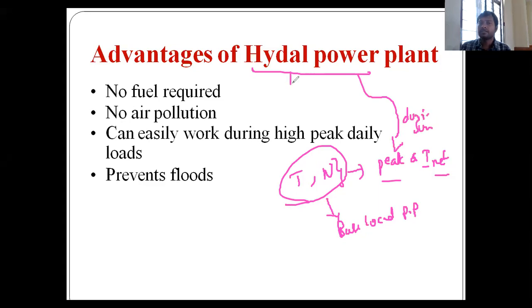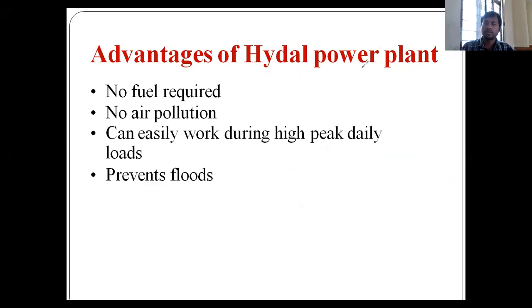During the rainy season, it is used as a base load power plant, because floodwater is available, so the excess flood water can be utilized to produce electricity continuously. That's why this hydel power plant is used as a base load during rainy seasons, and we can overcome the power demand.